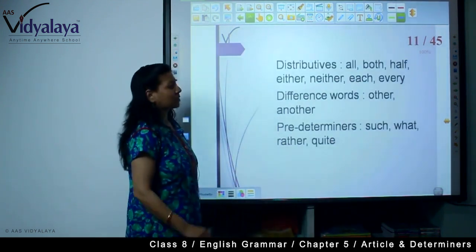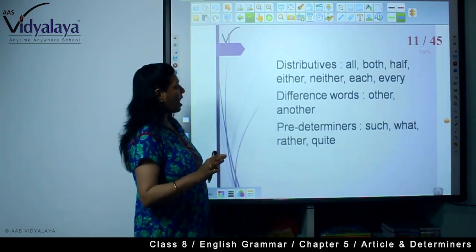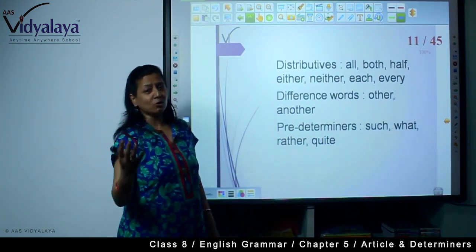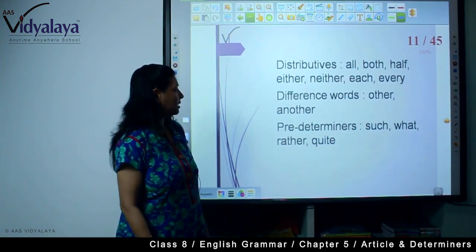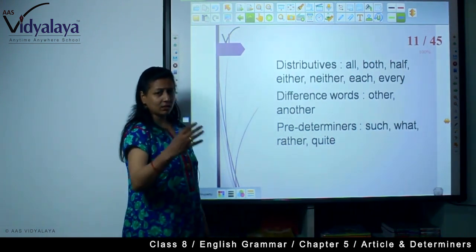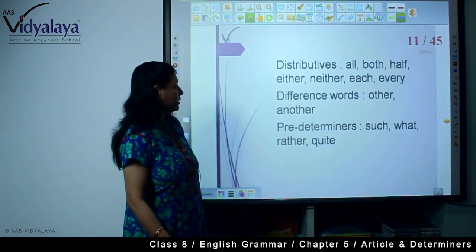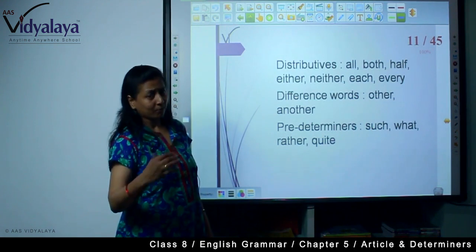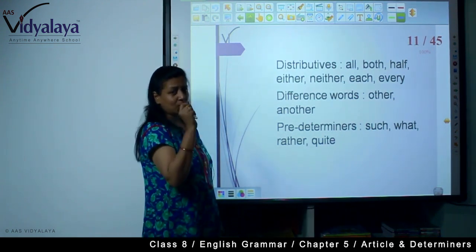Then distributives: all, both, half, either, neither, each, every, because a noun comes after these determiners. Difference words: other, another. Then predeterminers: such, what, rather, quite, because after that a noun is there.